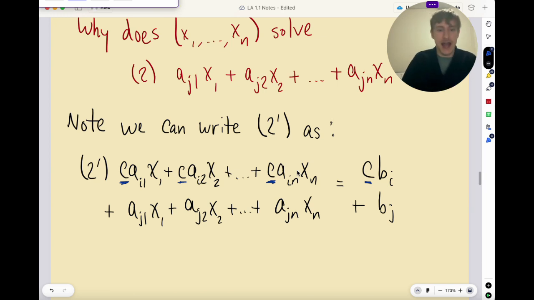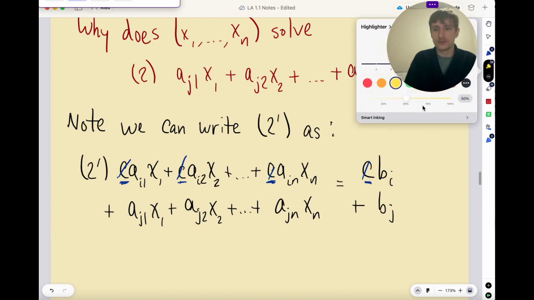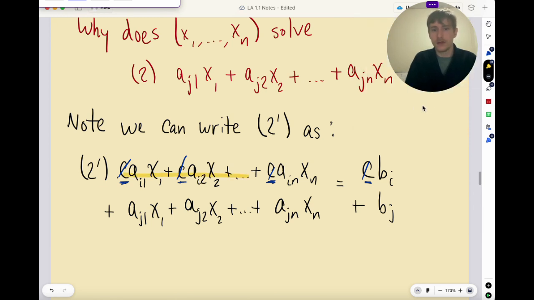And after I cancel the c's out, I notice that this part right here, which I'm going to highlight, this part is equation 1.